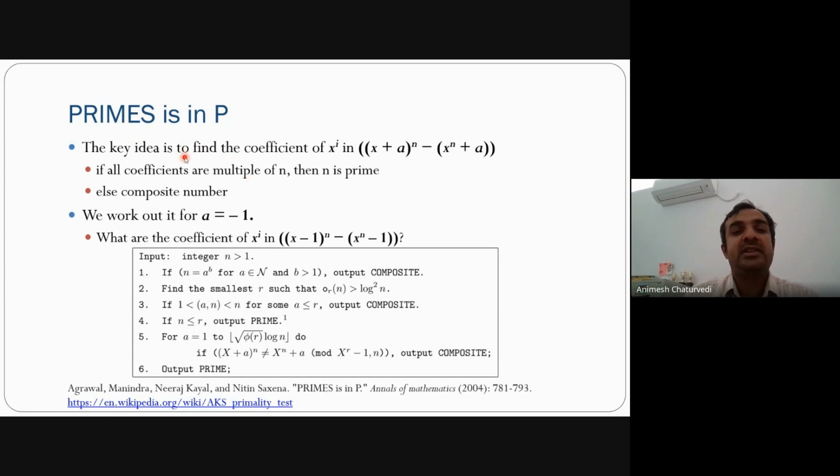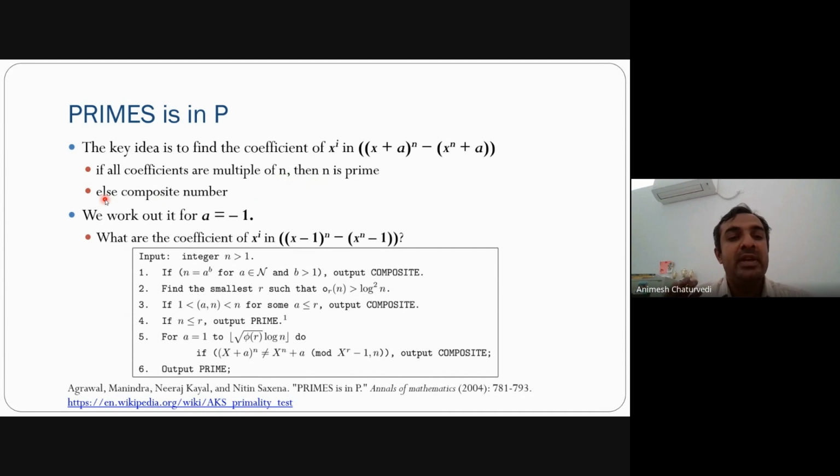The key idea of finding whether a number is prime or not is this. They proposed the equation (x + a)^n - (x^n + a). They want to find the coefficient of x^i. If all the coefficients are multiples of n, then n is prime.